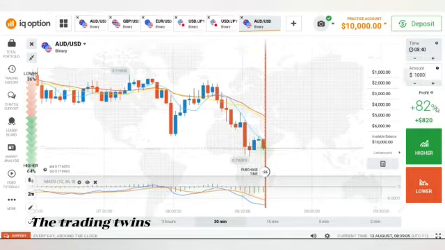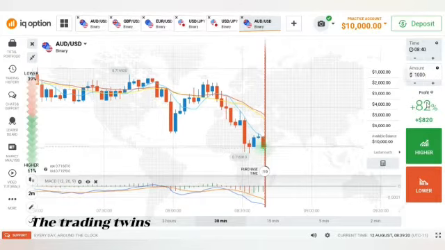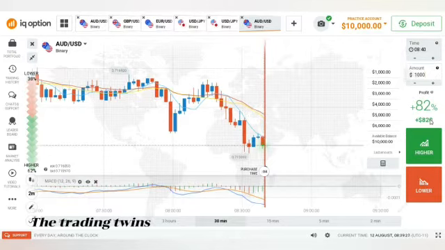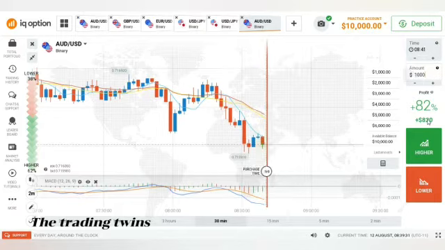When you place a trade and it goes in your favor, you will be getting your $1,000 plus 82% of $1,000. So 82% of $1,000 is $820. So you'll be getting your $1,000 plus $820.